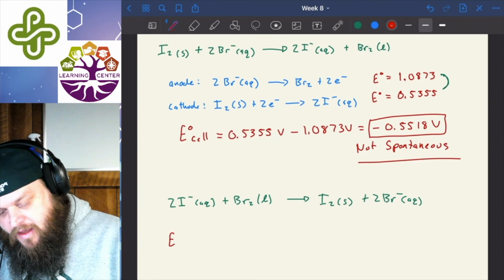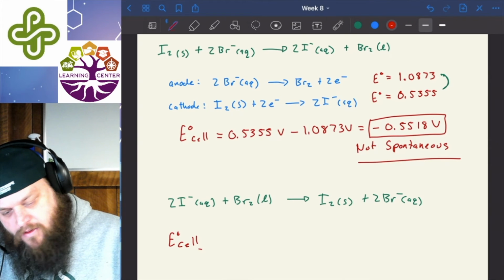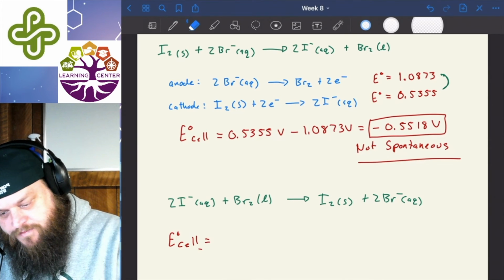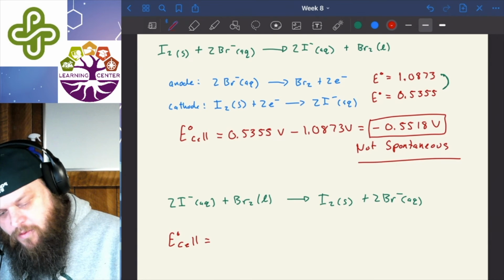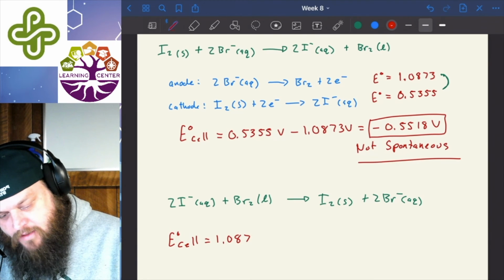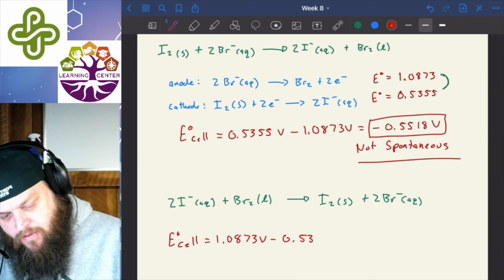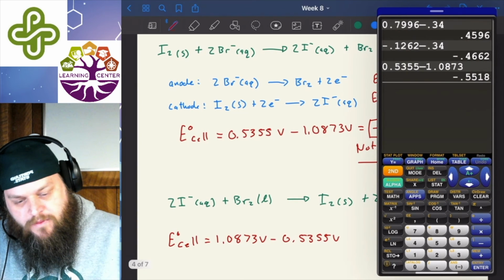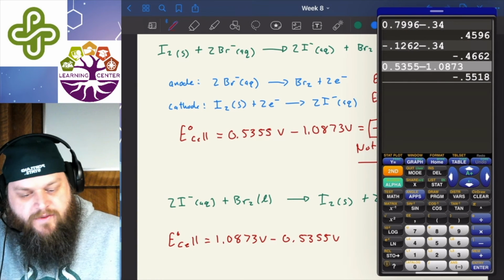So doing the math of the cell, this is just going to be equal to 1.0873 volts minus 0.5355 volts. And that's going to be just the negative of this value here.